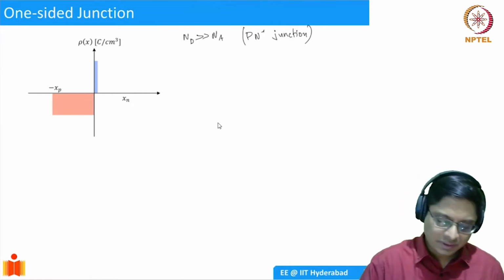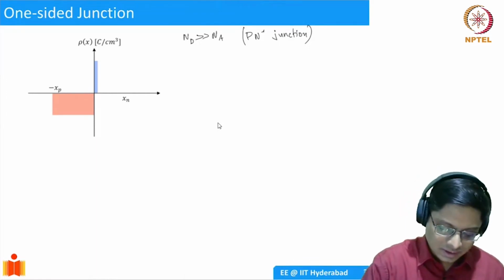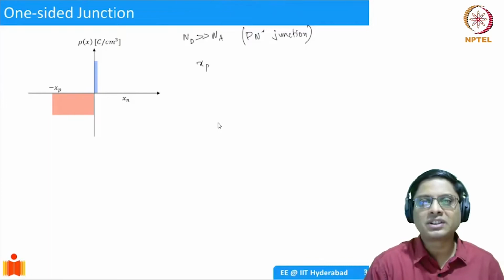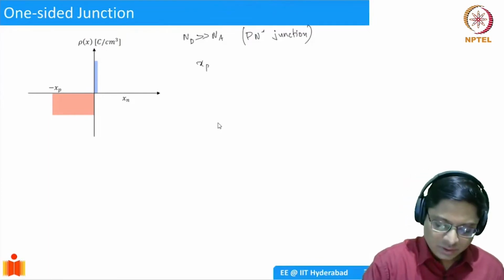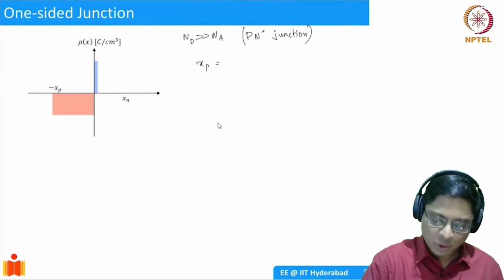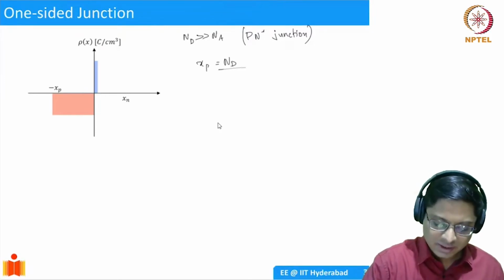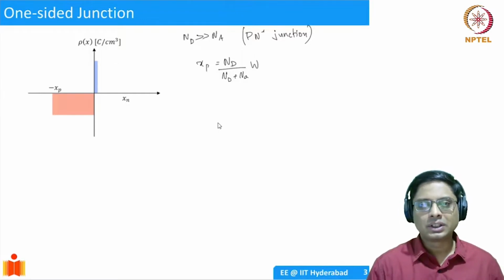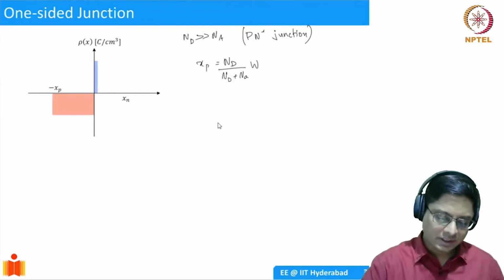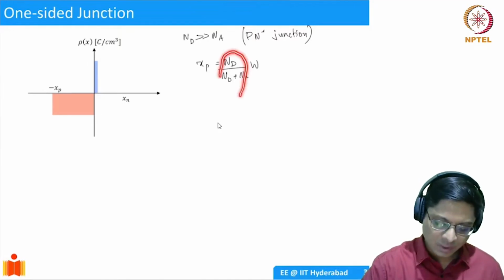In the previous lecture we have seen that Xp, the depletion region in the P-type semiconductor, was equal to Nd divided by the sum of doping, Nd plus Na, times the width of the depletion region. Whenever Nd is large, this expression essentially becomes 1.